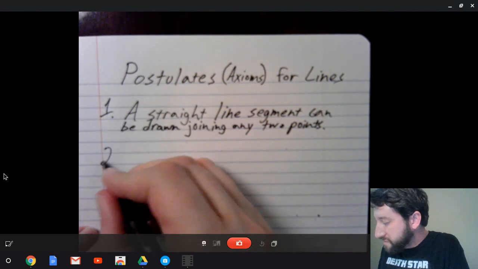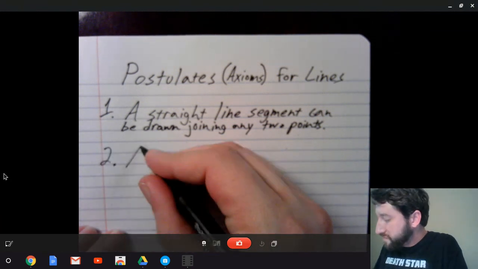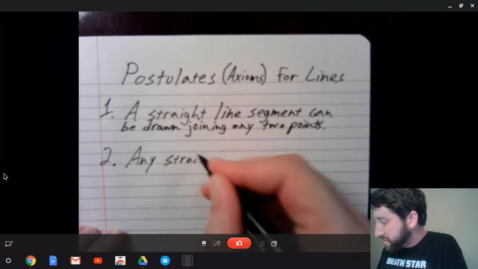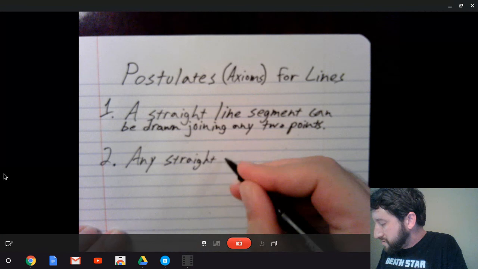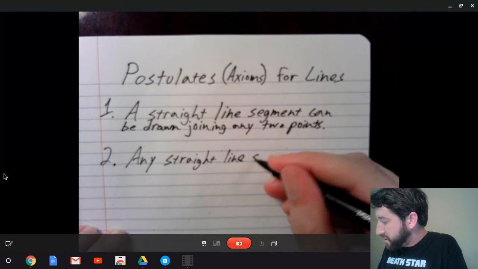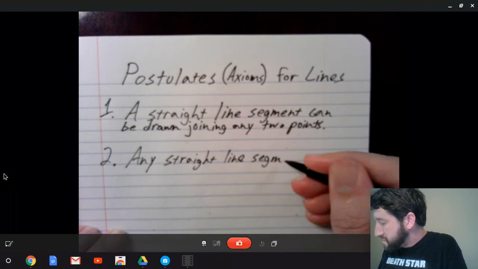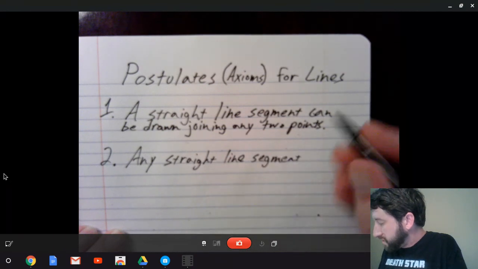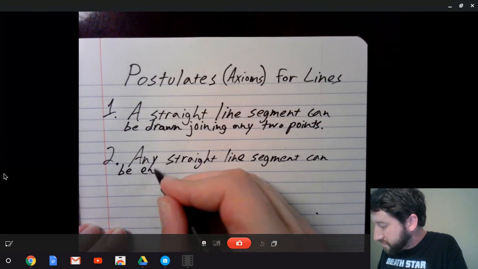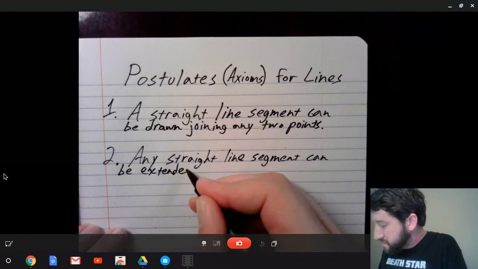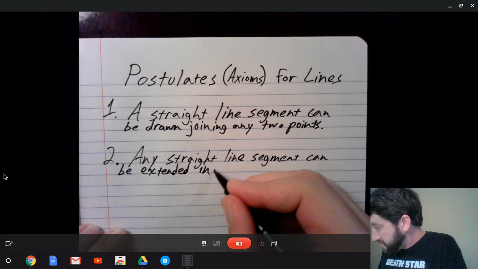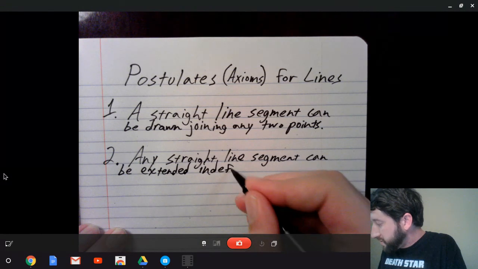Here's the second one. Any straight line segment can be extended indefinitely in a straight line. So that means it can go on forever. Indefinite.